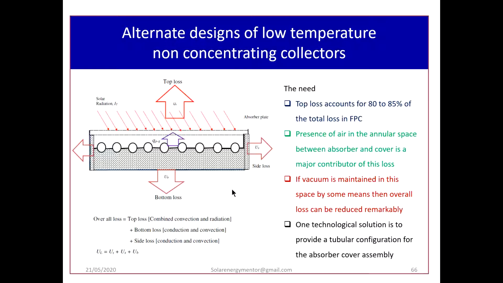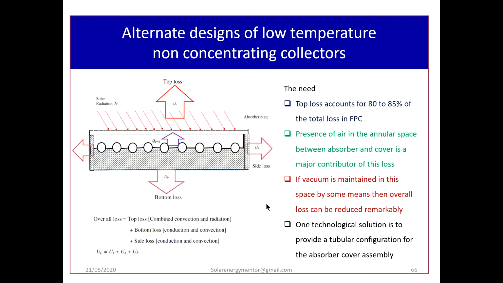But how to maintain that vacuum over the period of its operation? It is indeed difficult. Technologically it is very difficult to maintain a vacuum in the annular space, so evacuated flat plate collectors are not a practical solution. But if vacuum can be maintained, then the loss would be drastically reduced. That fact is known to us.